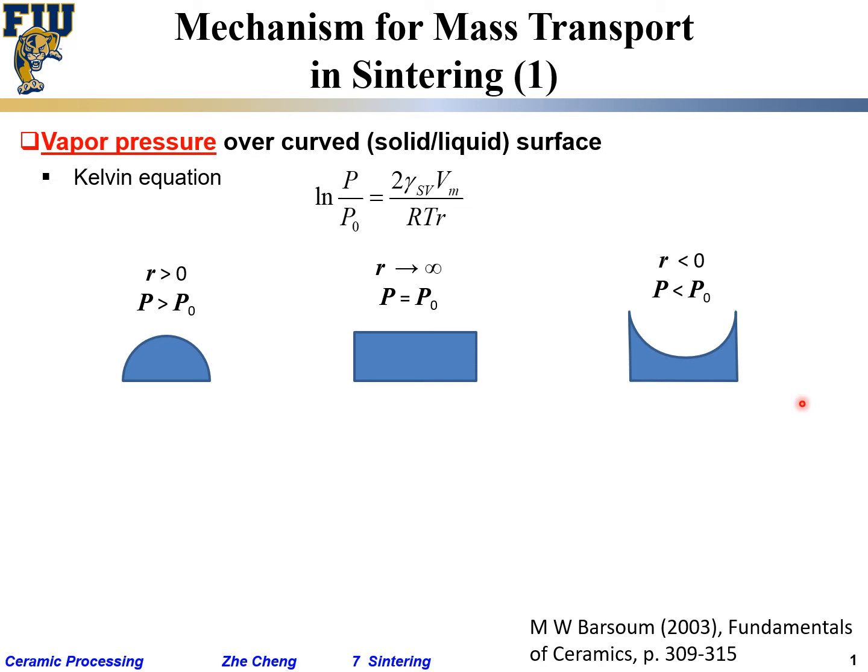If R is negative, the right side would be negative, which means the natural log is negative. The consequence would be that the pressure over this concave surface would be smaller than equilibrium. So now you see we have a flat surface, positive radius of curvature, and negative radius of curvature, and they have different vapor pressures around them.